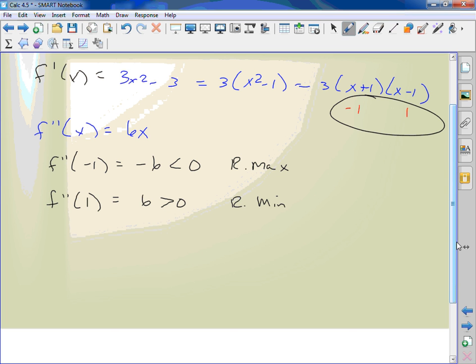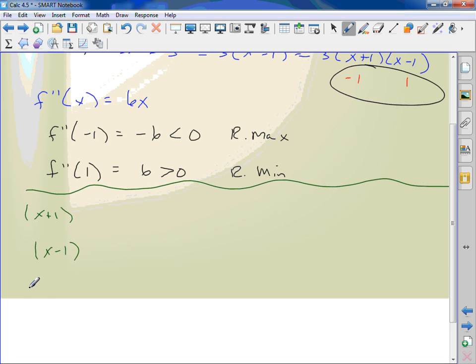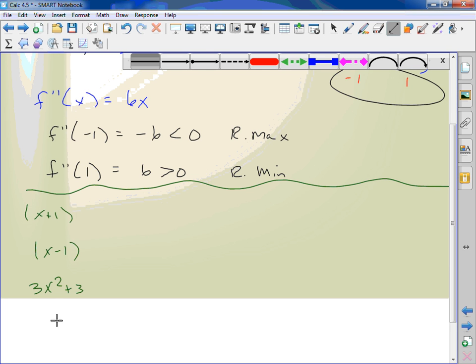I'll show you. Now for this, I'm going to do it the old way. This is just the old method. x plus 1, x minus 1, and then the original was 3x squared minus 3, I'll fix it.